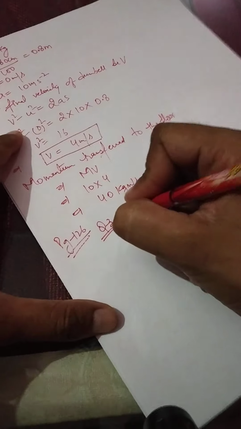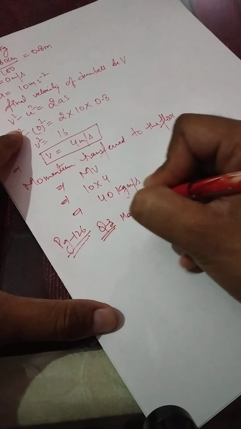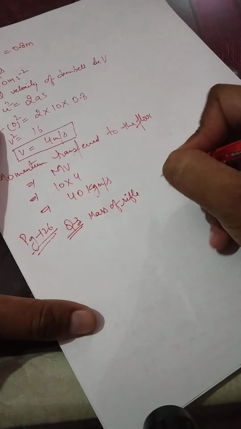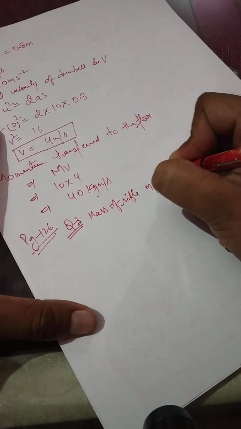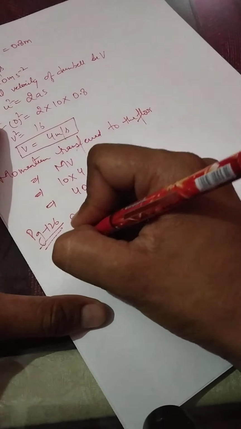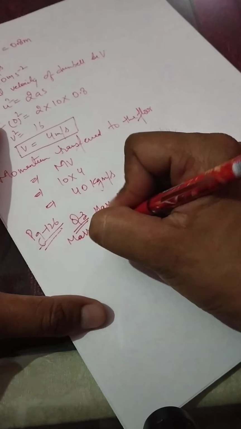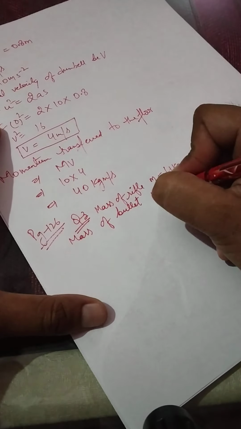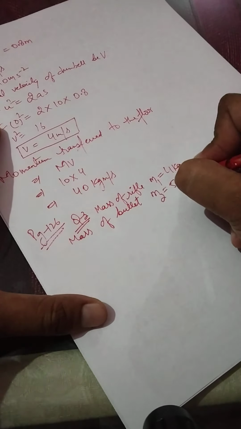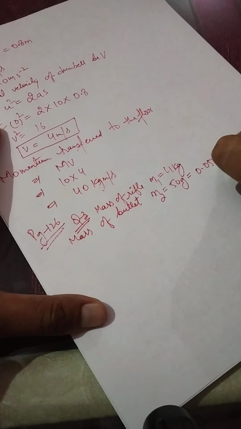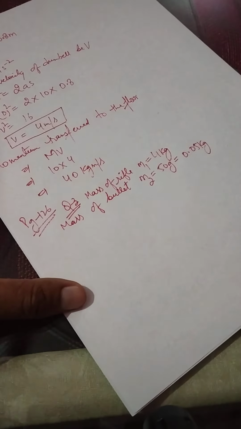We have mass of rifle. Let mass of rifle be m1 equals 4 kg. Let mass of bullet be m2, which is given as 50 gram, that is 0.05 kg.